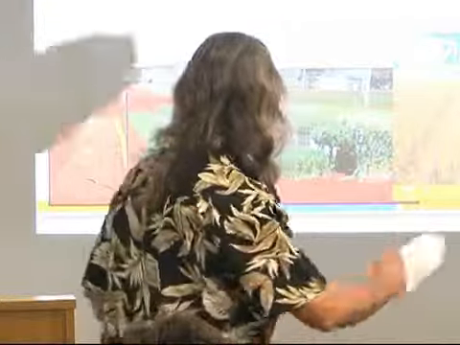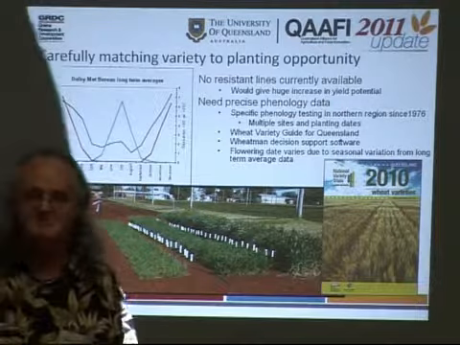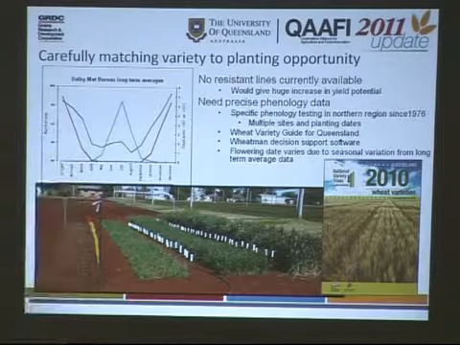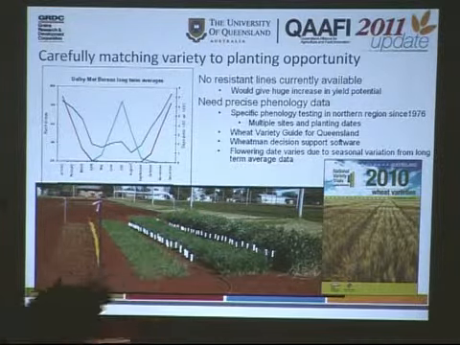Now, what we do is try and provide growers with the best phenology information we can for current varieties, so that we can give them the information they need to try and target that flowering period for their particular region. The way we go about getting this information is by planting small phenology trials.